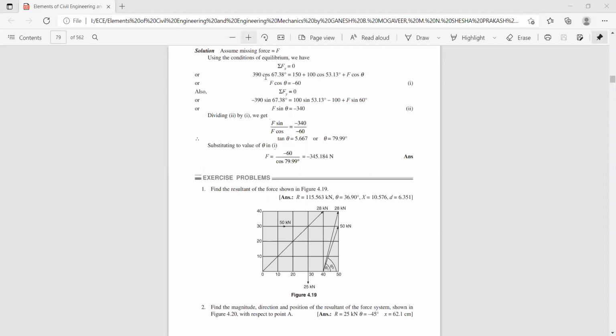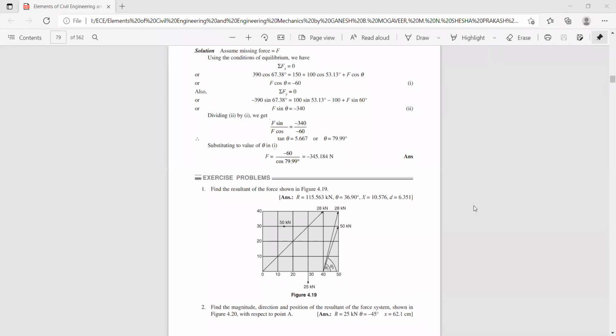Has anyone done the calculation? Rajesh Kumar? So minus 733.85 kilonewton meter. Is it minus?